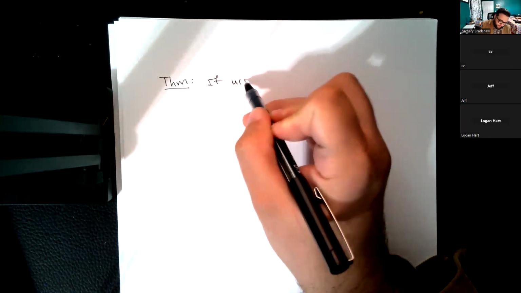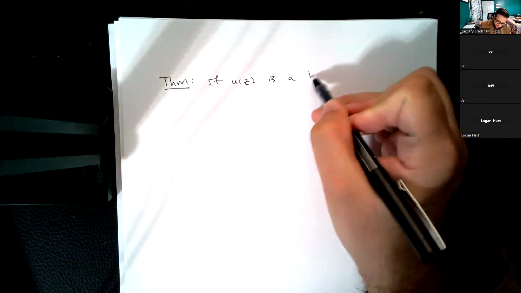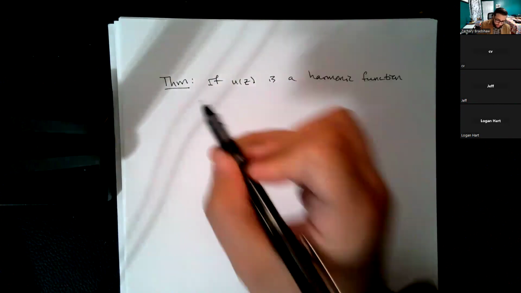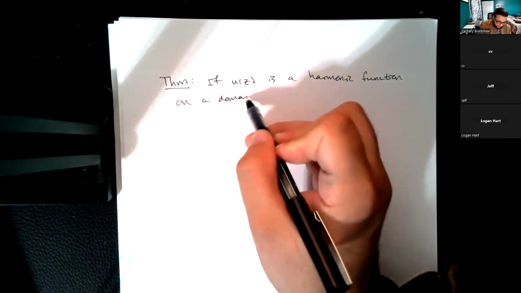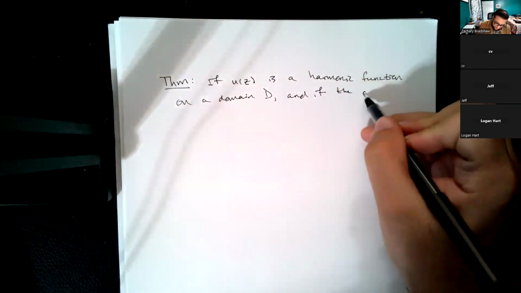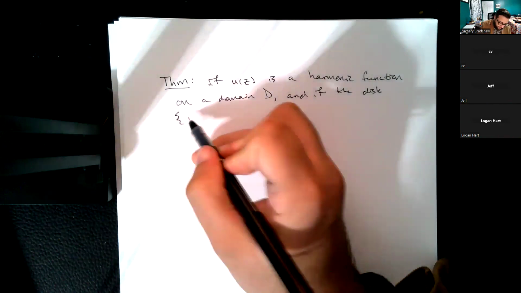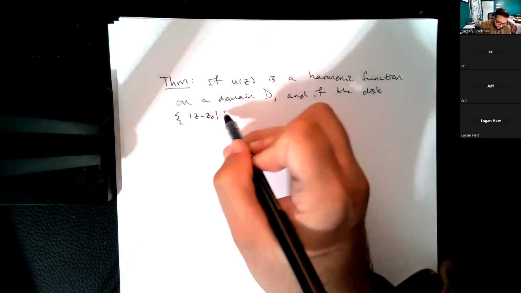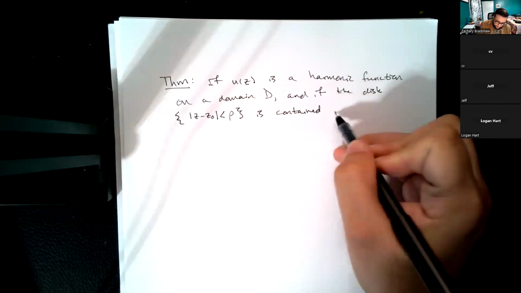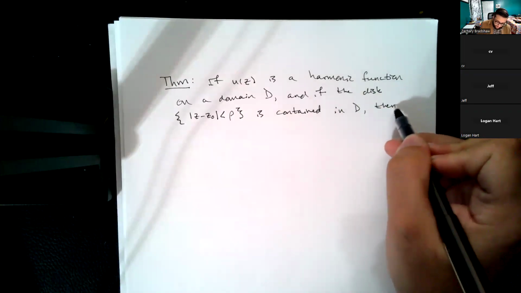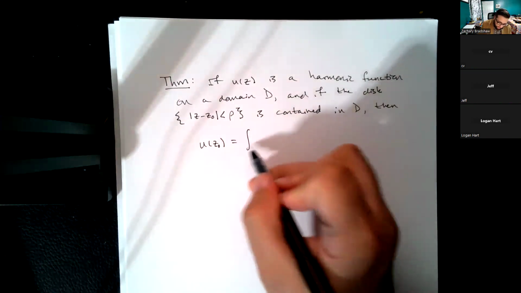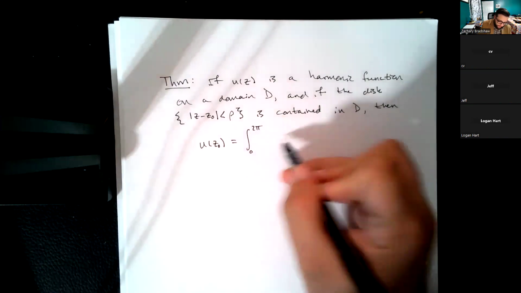It tells us that if u is a harmonic function on a domain D, and if the open disk is contained in D, then in fact u of z0, the value at the center of the disk, is equivalent to the average value of u.